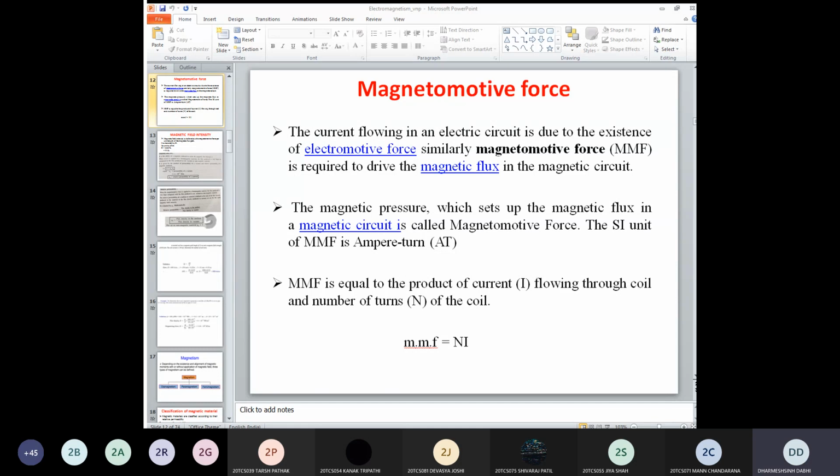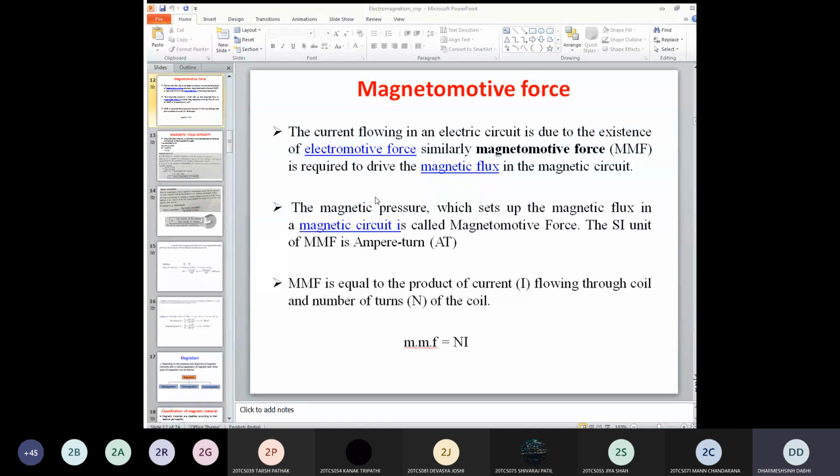When we provide MMF to the magnetic circuit, that sets up the magnetic flux in the magnetic circuit. Clear? So you can make the analogy of EMF in the electric circuit with MMF in the magnetic circuit. In the electric circuit we have current, in the magnetic circuit we have magnetic flux. So this is the analogy.